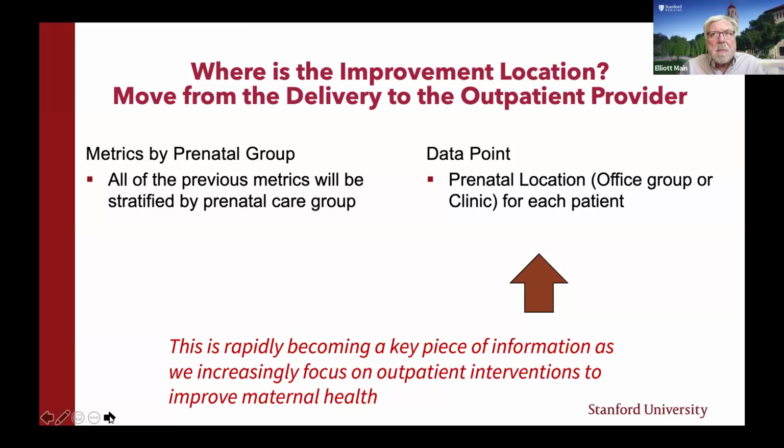And this is something we want to beef up throughout the state so that the results can be shared back with the clinic or the office to give them feedback on the quality of the care that they're providing during the prenatal period. Again, this is going to be a real important thing that we want people to focus on. Next.